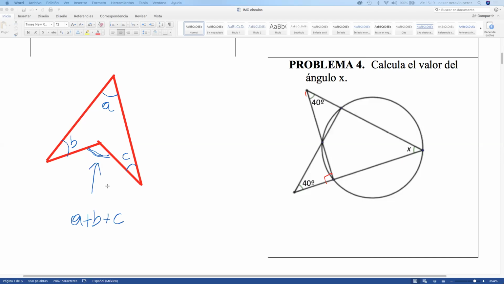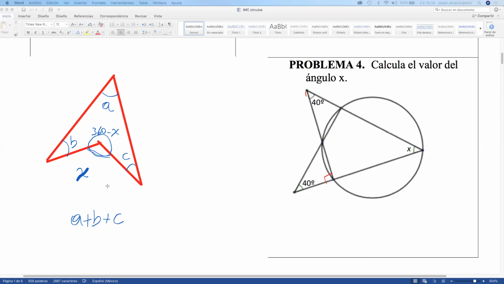Okay. If this is X, this will be, let me see, this is X. So this is 360 minus X. Yes? Okay.